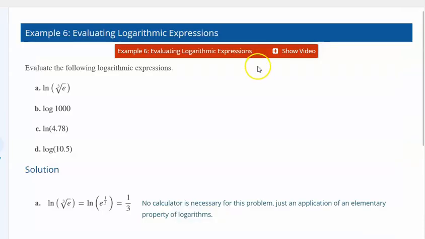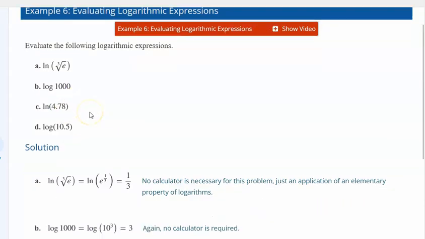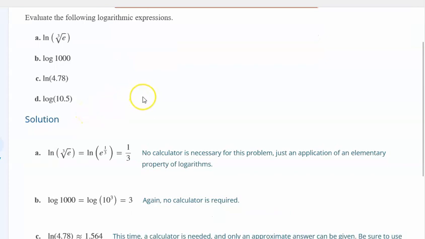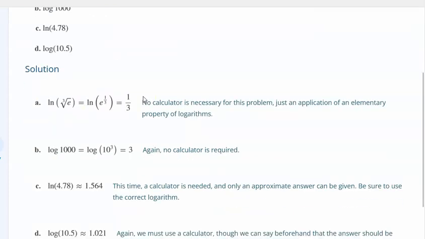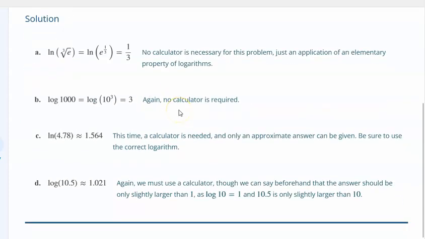As we go on to our last example, number 6, there are 4 items here. And let's just go to the solution. Shorten this a little bit here. So for something like this, you don't need a calculator. Remember, in its exponential form, this is going to be e. There's a 1 there.